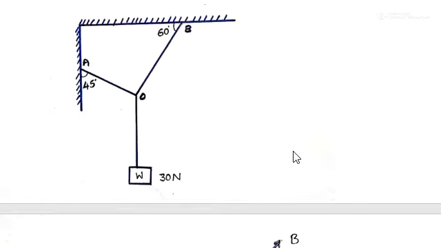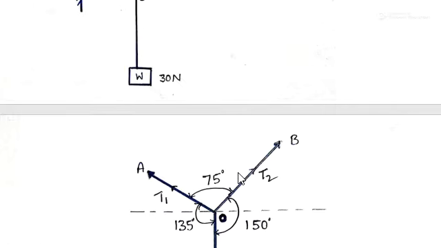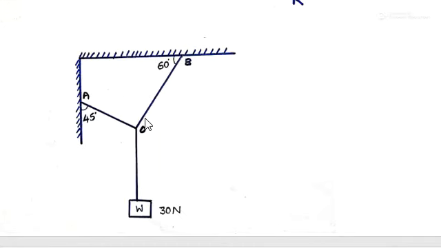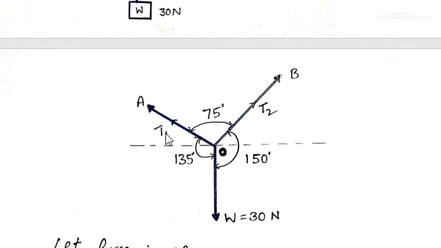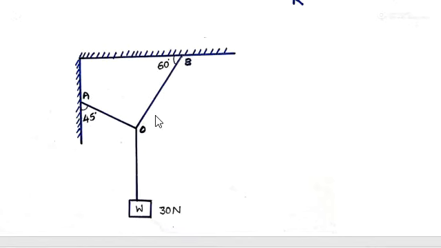So if you just draw a line diagram, W is acting like this and OA and OB we are representing like this. Here 60 is given. If you draw a horizontal line through O, this is 90 degrees from the diagram, and the angle between the horizontal line and OB is 60 degrees, because it is an alternate angle.